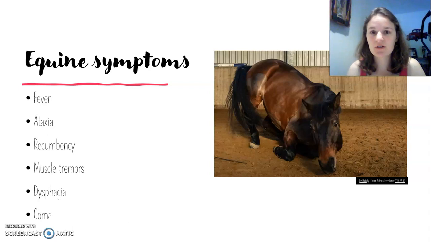They have muscle tremors. I know that other people have reported behavioral changes, depression, dysphagia, and also coma. So, 1 in 150 people get a serious illness from West Nile virus, but with the horses, if they get the disease, then they have all these other extreme symptoms that we don't have.